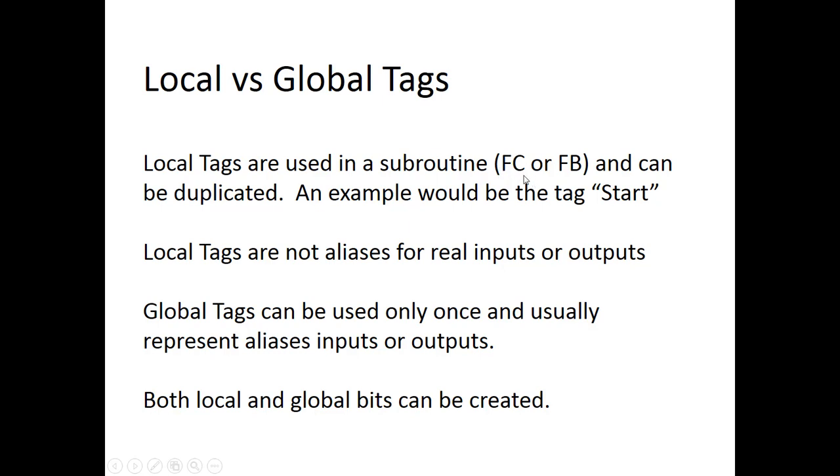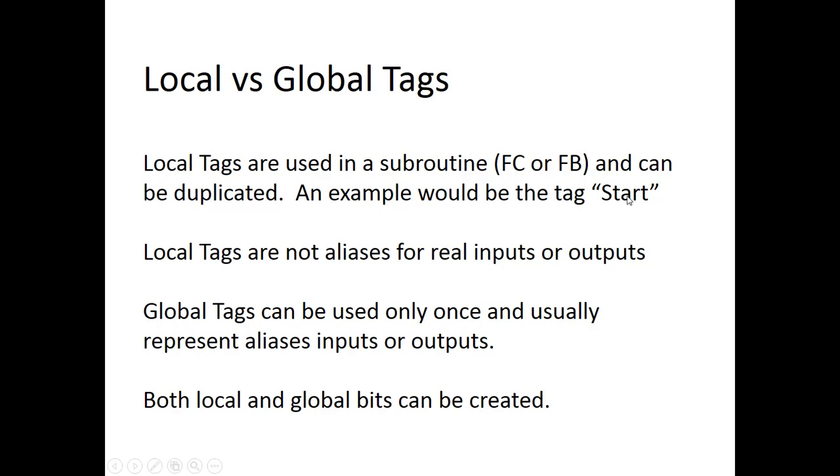For example, in the one that I just showed you, I could have used the tag start in a function block, and I could have used that same tag start in a function block again. Or more importantly, I could have used a local tag such as output in a function block, and used the same tag in another function block, output and output and output.